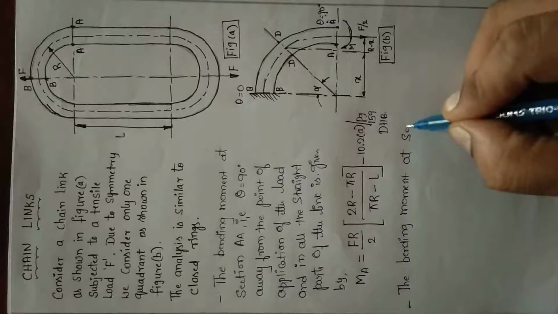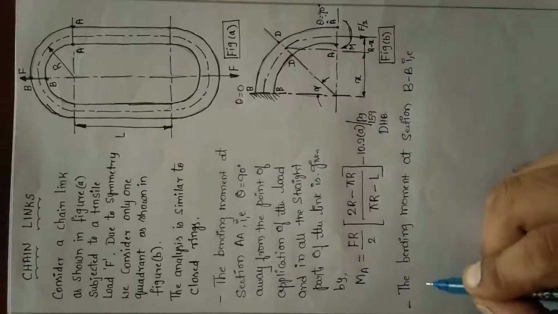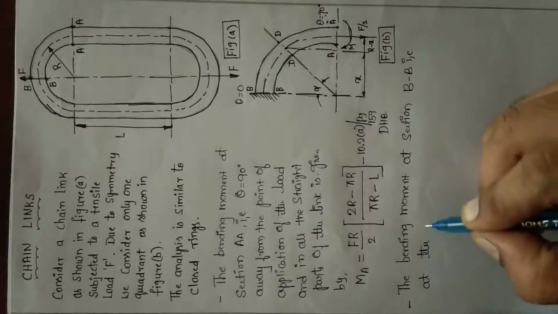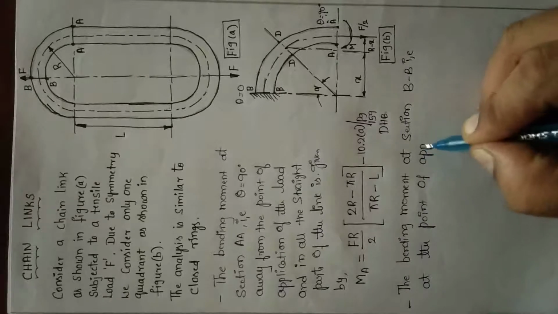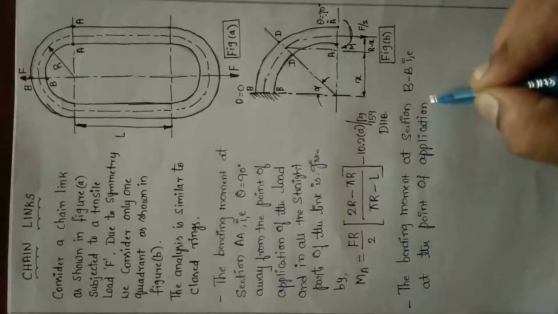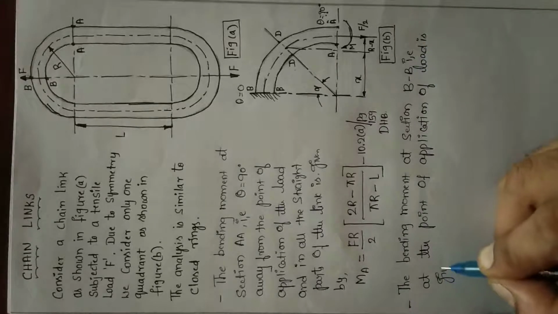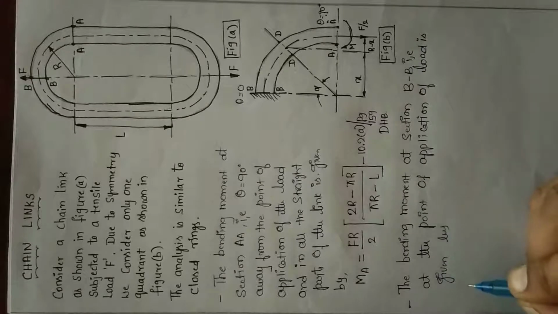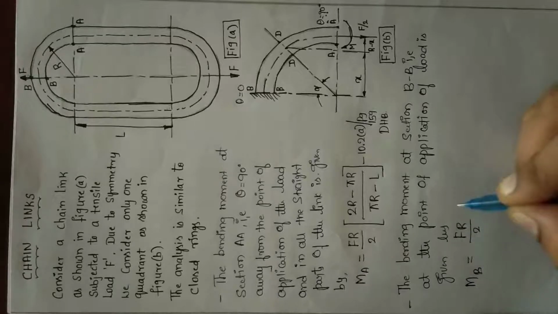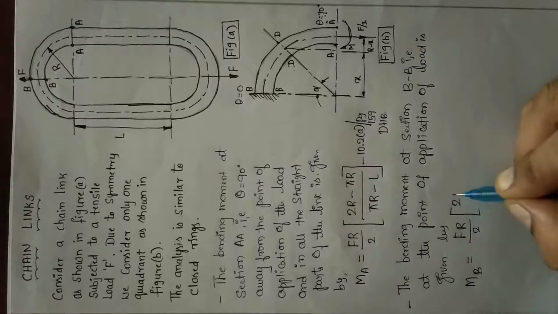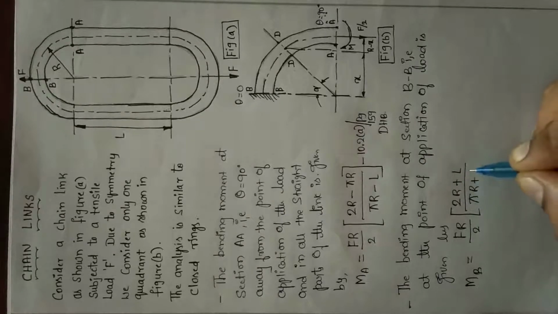The same way, the bending moment at section BB, that is at the point of application of load, is given by moment B equal to FR by 2 times (2R plus L) divided by (pi R plus L).